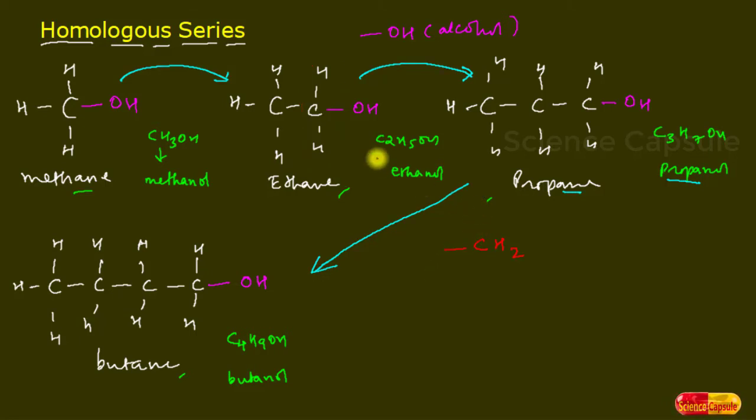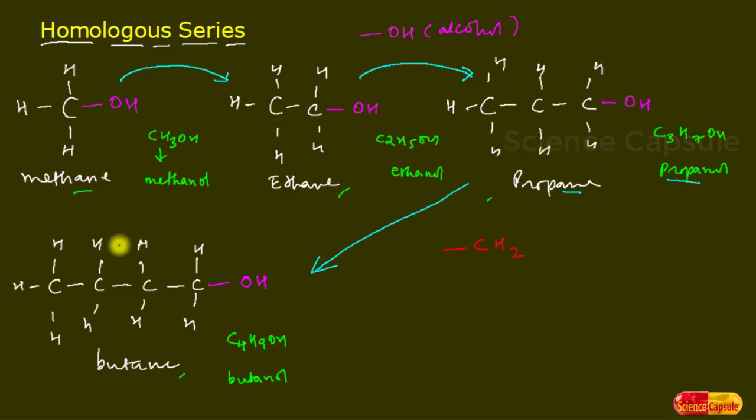Likewise, if you see the structures of ethanol and propanol, from propanol, if I remove a unit of CH2, then you will find that the structures of ethanol and propanol, after removing the CH2 unit, remain the same.